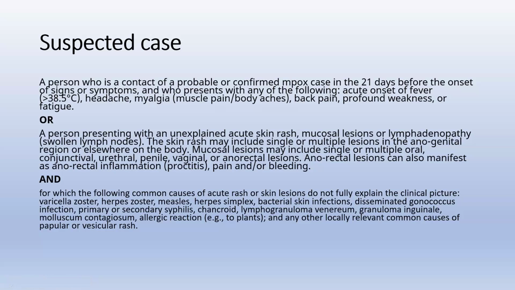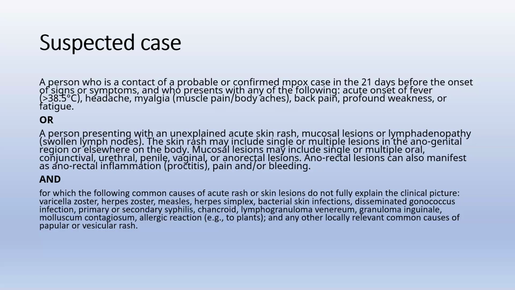The skin rash may include single or multiple lesions in the anogenital region or elsewhere in the body. The mucosal lesions may include single or multiple oral, conjunctival, urethral, penile, vaginal, or anorectal lesions.